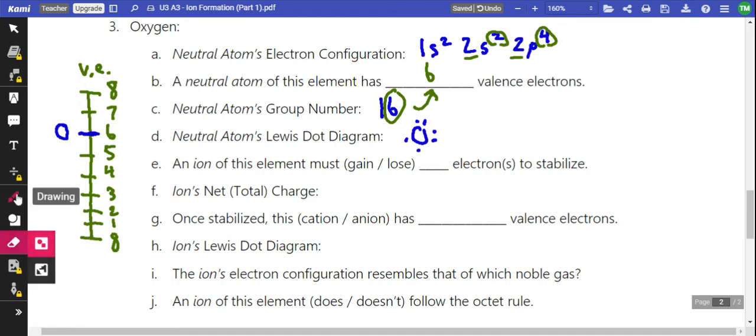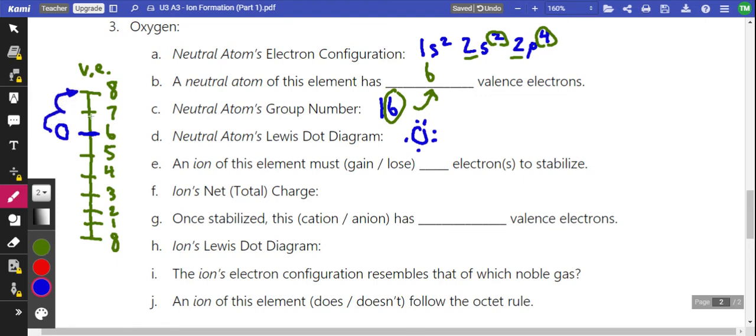Well, pretty obvious. Oxygen is just going to gain 2 valence electrons to get to 8. Okay, way easier than losing 6. All right, we're taking the path of least resistance. So oxygen is going to gain electrons, and specifically it's going to gain 2 electrons.